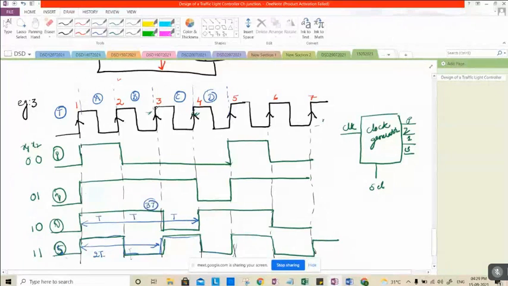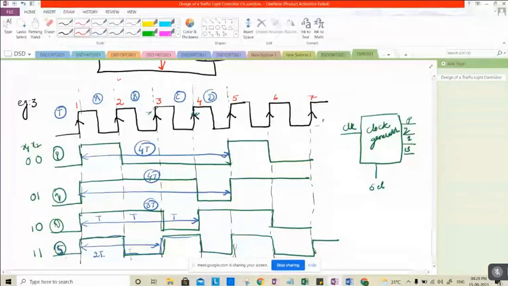Now what about the Q signal? 4t. What about the P signal? 4t as well. So in each time period, we are getting the output values.